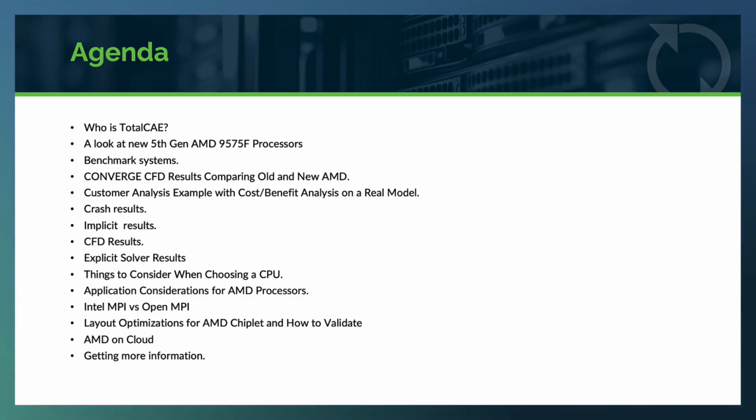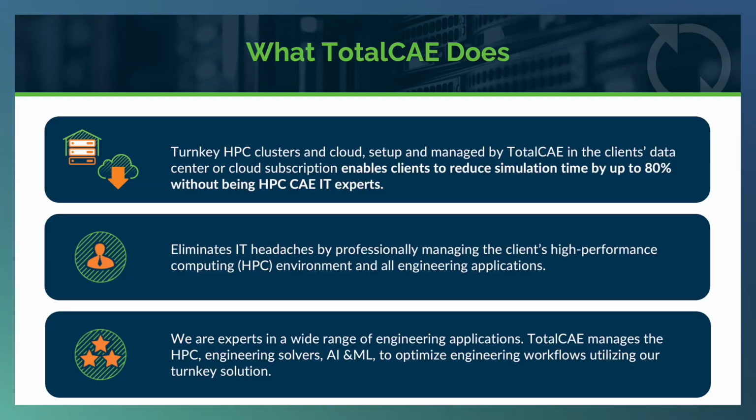Then things to consider when choosing a CPU, some application considerations you want to be aware of when using AMD, a little bit about Intel MPI versus Open MPI for AMD, and layout optimizations, since it has a novel architecture, some things to know to make sure you're using it at peak efficiency. Then a little bit about AMD on cloud, and then how to get more information.